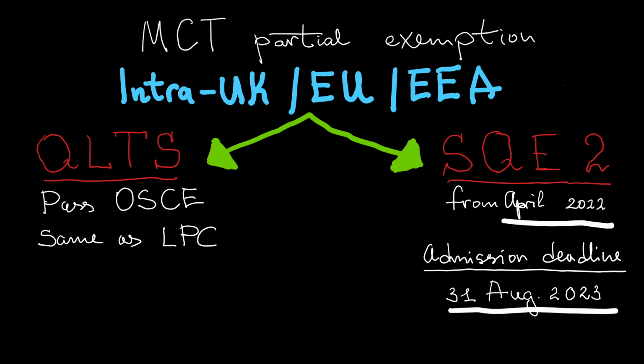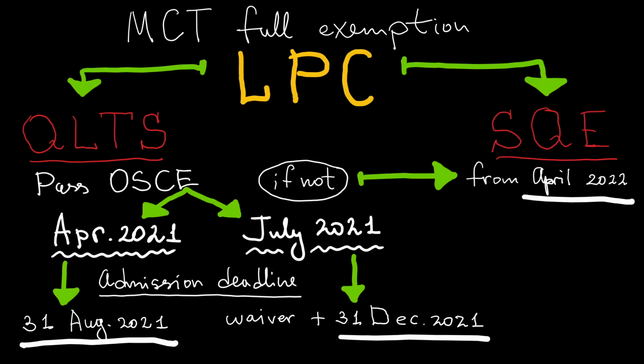For that exemption you have to apply separately. You will find a link with more information attached to this video. So literally you'll have the same options as to QLTS as we've just explained regarding the LPC grads. Again, two deadlines for application for admission, and you may sit two exams, one in April 2021, another in July 2021.